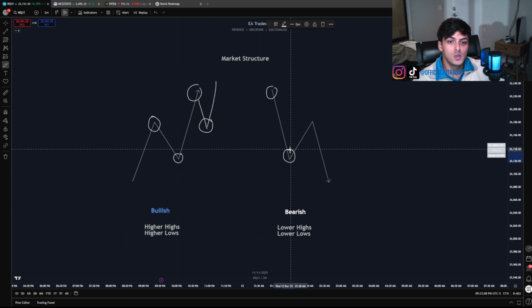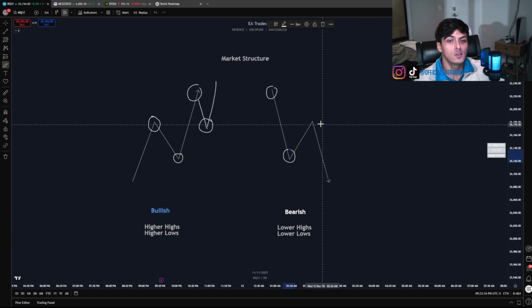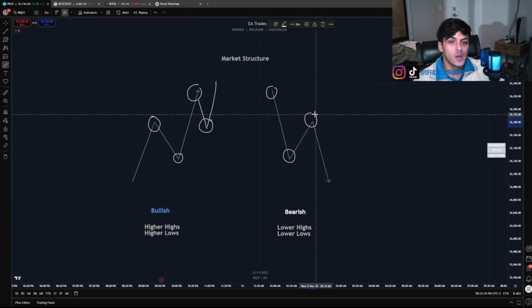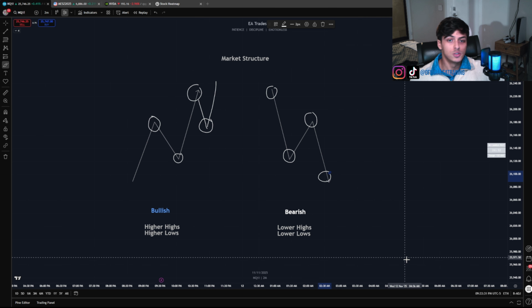Now, in order to be in bearish market structure, you want to see lower highs and lower lows. So this high, the next high that gets put in, you want it to be lower than this one. As you can see here, we have a lower high. And then here, we're going to put in a lower low. Once you see a lower low and a lower high get put in from the prior two, that is confirming bearish structure. Super simple. Do not overcomplicate this.